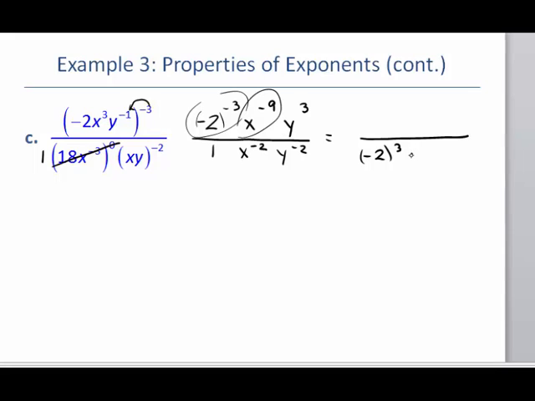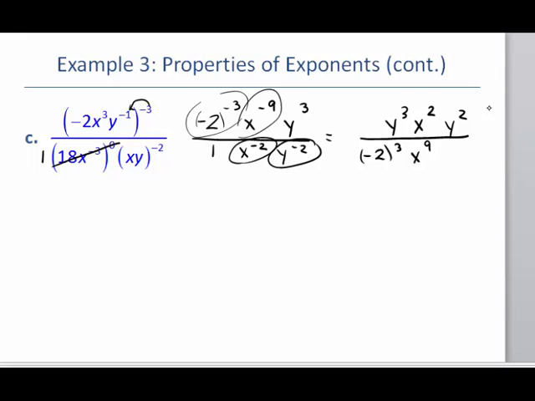Move it down. Becomes x to the +9. We have a y to the 3rd, which I'm going to leave in the top. It's good to go. We have a 1, which I'm pretty much going to ignore because multiplying by 1 is going to give me the same thing anyway. I have an x to the -2 that I'm going to pull to the top, making it positive. And a y to the -2, which is going to come to the top as well.